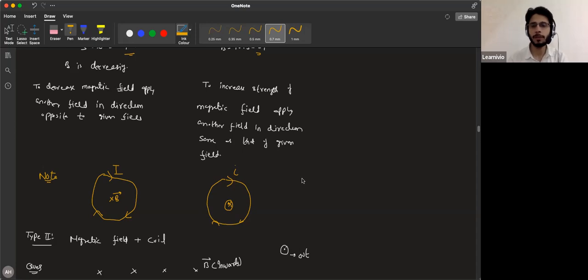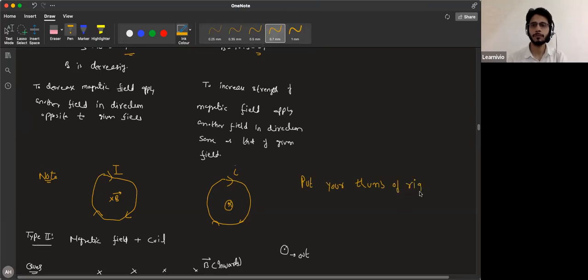So the law gets modified: put your thumb of right hand along the magnetic field, the curvature of fingers will give the current.